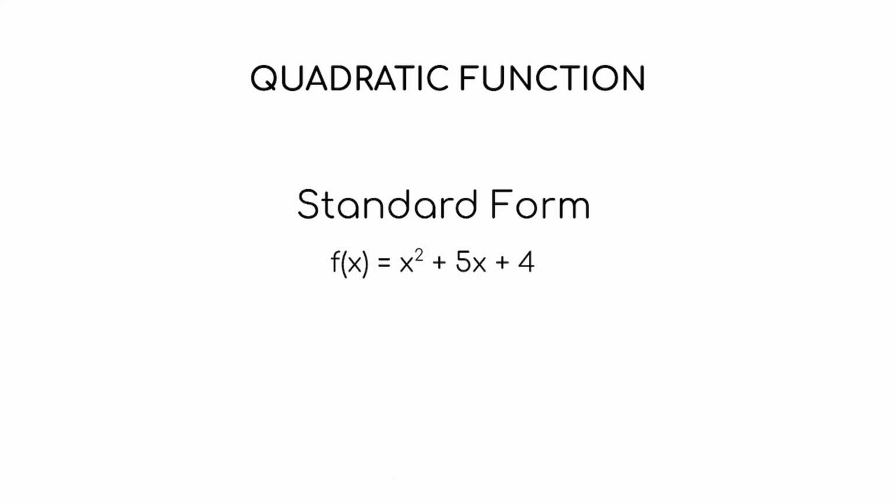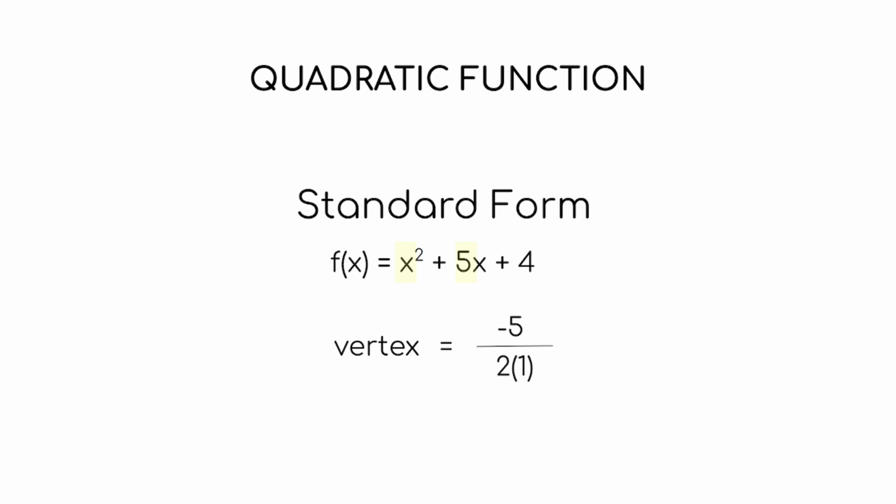Here I have an example, and let's find the x value of the vertex and whether the graph opens up or down without using decimals. First, we know that the x value of the vertex is negative b over 2a, and here b is 5 and a is 1. Remember, if it's just x by itself, there's an imaginary positive 1 in front of it.